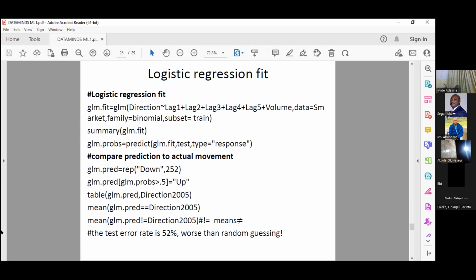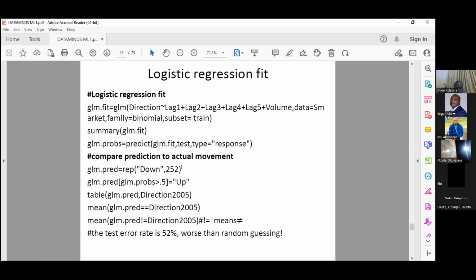So we have our data as S market, and our subset as train. When we fit this and find the summary, we'll be able to obtain the result, which is a replica of what we have in OLS when we fit our linear regression model.